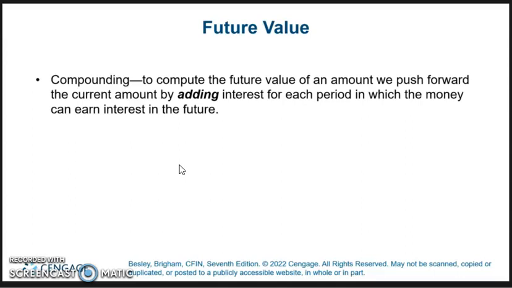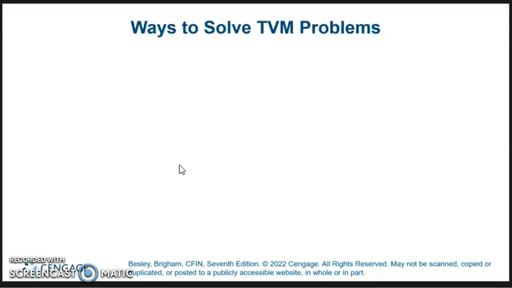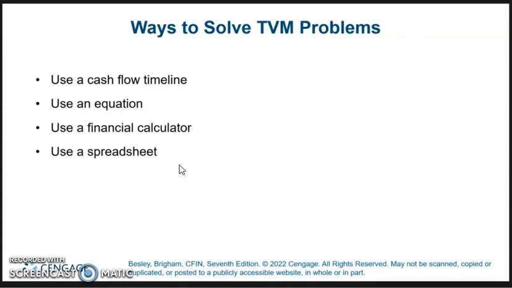That's why the rate of growth is not perfectly linear. Ways to solve time value of money: cash flow timeline, equation, financial calculator, spreadsheet.